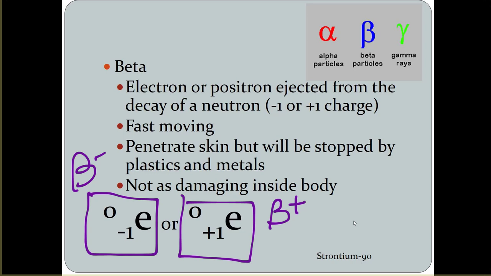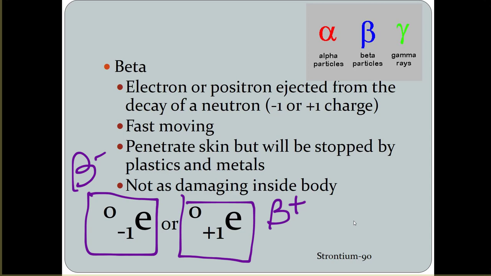So these beta particles, let's talk about them. They are fast moving, a lot faster than your alpha particles, and they can penetrate your skin, but they can be stopped with plastics and metals. And this is not as damaging inside the body. So if you were to eat something that was a beta emitter, it would just pass out of your body and hopefully not hit too many molecules that could knock the DNA and mess with it.